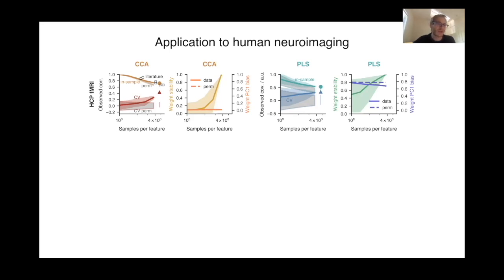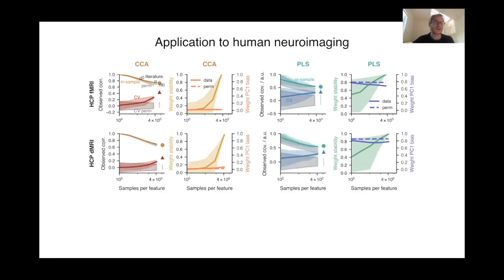Here we are showing the in-sample association strength, and we're also showing the cross-validated association strength. We're also showing the weight stability and the weight PC1 bias. Across all of these metrics, the results appear pretty similar to the results seen in synthetic data.